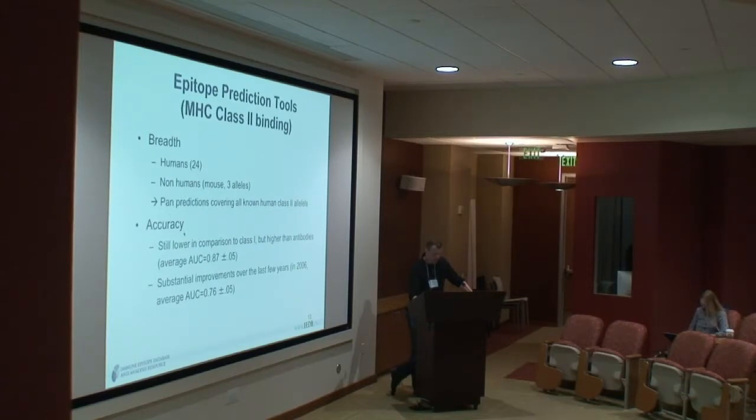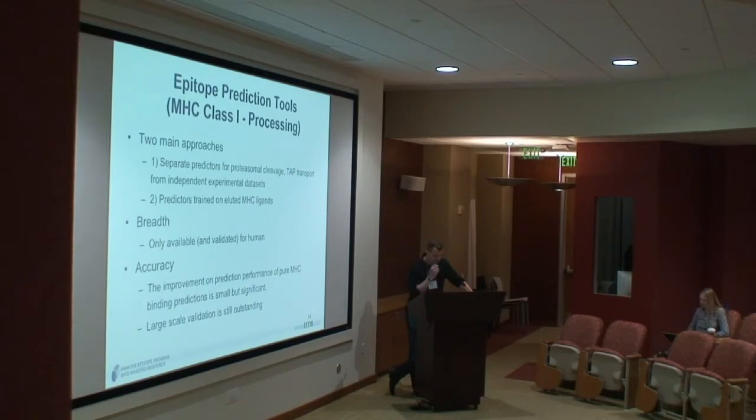The accuracy is definitely lower than before. In the last larger comparison we did, we had AUC ranks of 0.87, but that is substantially improved from where it was in 2006. 2006 is the comparison point where we started with the IEDB. So this is still an area where definitely further improvements are possible and necessary.